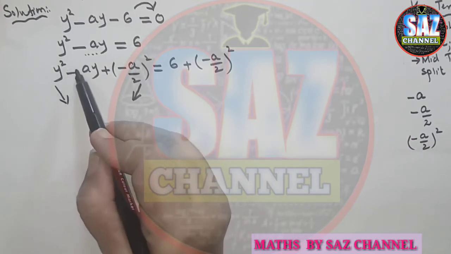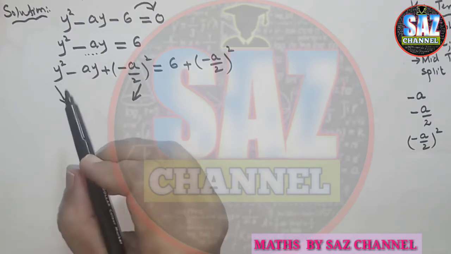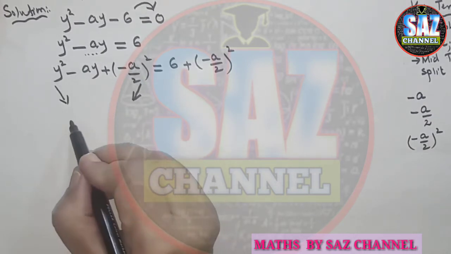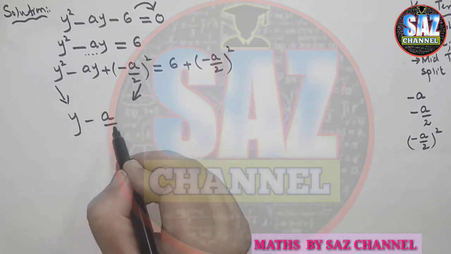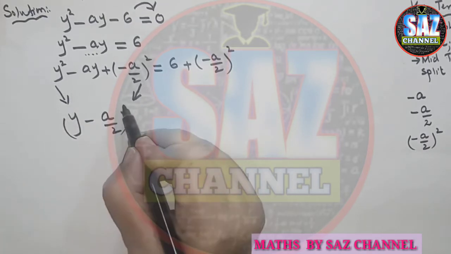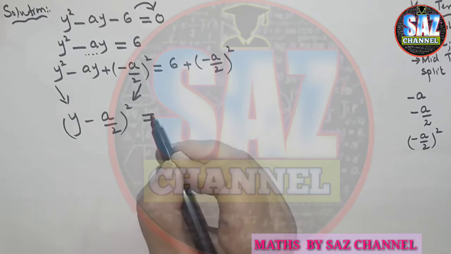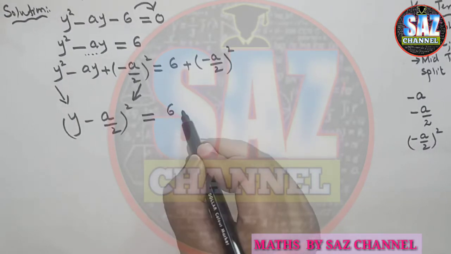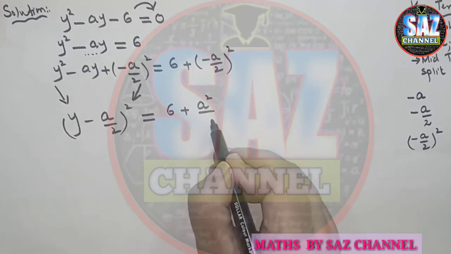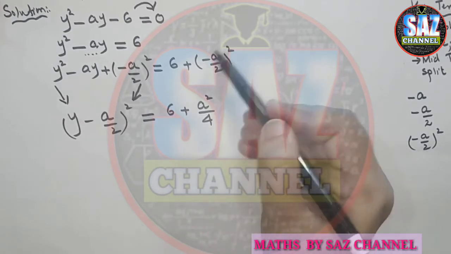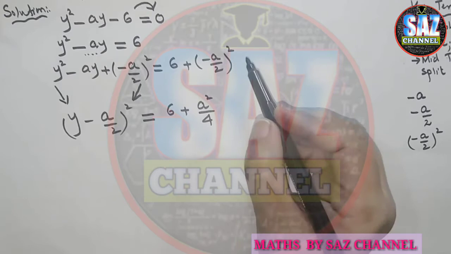As the middle term has a negative sign here, I will write it in the form y minus a by 2 whole square. Coming to the right hand side, it will become 6 plus a square by 4. Square of a number, whether negative or positive, will always be positive.